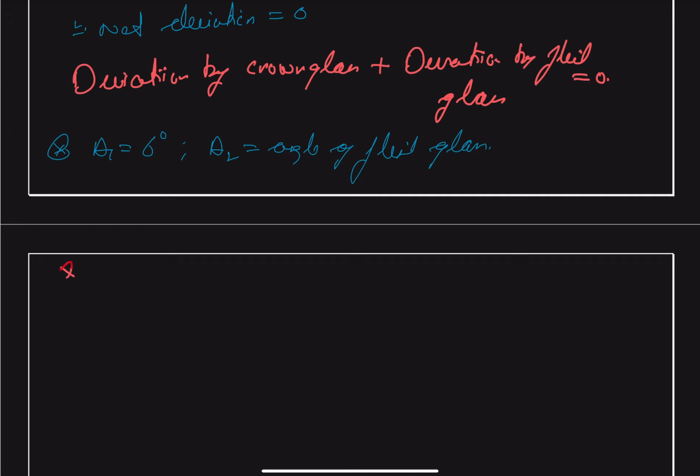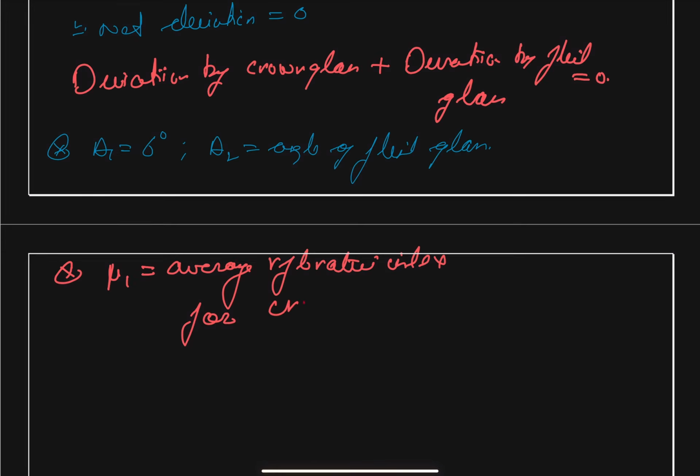So mu1, the average refractive index for crown glass, is the average of the refractive indices for red and violet.